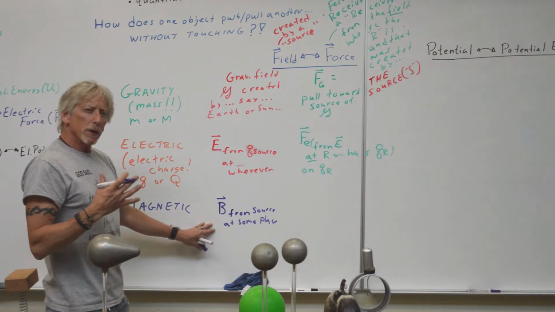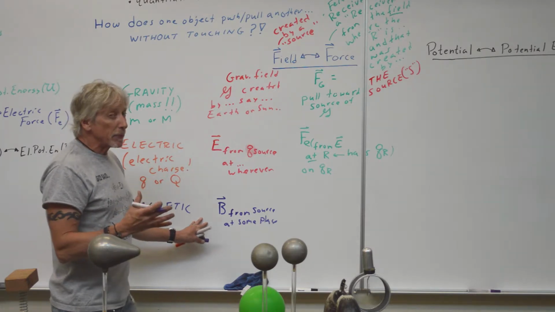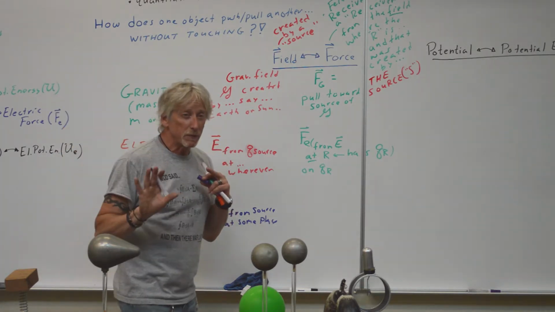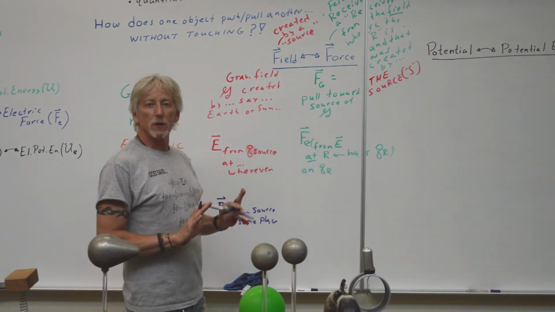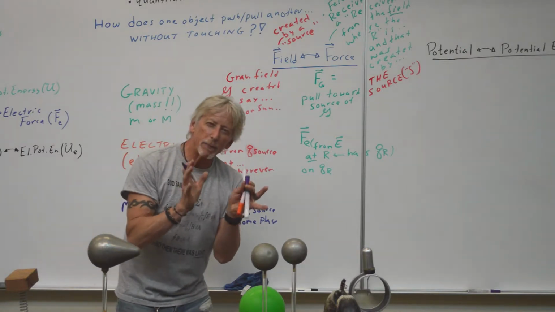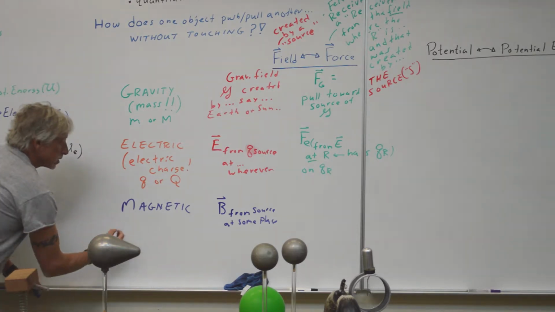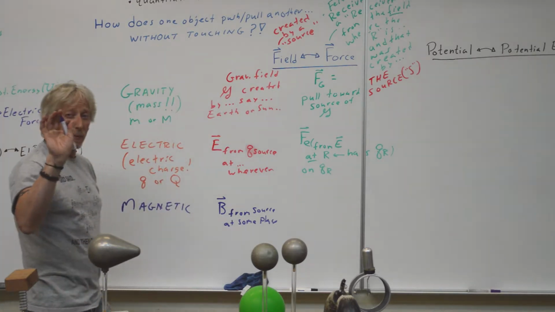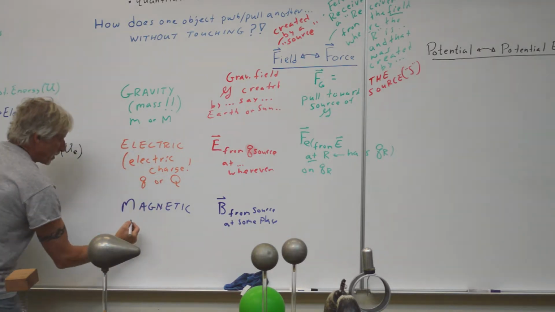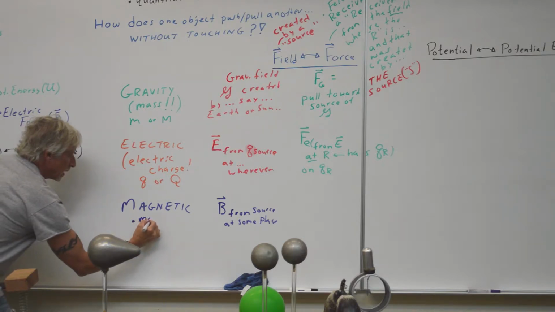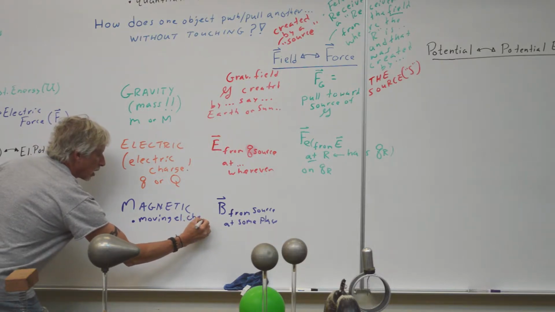Okay. Well, you have to put something in that field. But it's got to be something with ears that can hear the sound field, with mass that can feel the gravity field, with electric charge that can feel the electric field. So what is that property? Length is a little tricky, so you're going to get used to it. Turns out there's going to be three kinds of properties. There is moving electric charge.